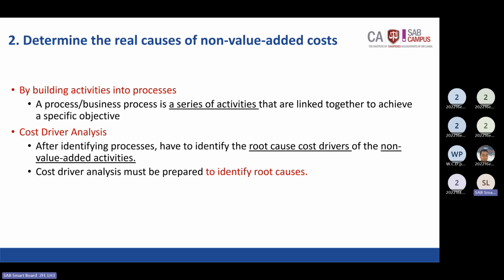Non-value added activities වල මොකක්ද cost drivers? Root cause. So the cost driver analysis must prepare to identify the root causes. The rapid cost driver stick අඳුරගෙන ඒ cost drivers activities ටික අඳුරගෙන ඒ activities වල non-value added ඒවා මොනවද කියන එක. Sub activities වල අඳුර ගන්න පුළුවන්. ඊට පස්සේ ඒකේ root cause එක අඳුර ගන්නවා.